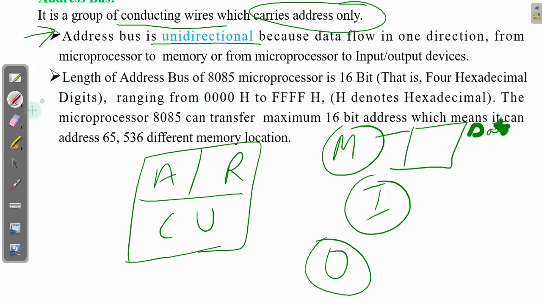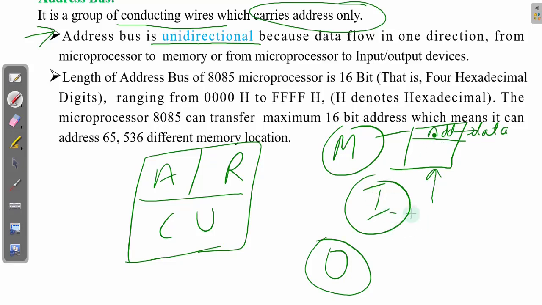You are actually storing data. So storage means there will be some data, and that data will be stored at some address, yes or no? So what is memory actually? Memory is a group of addresses, and at every address you will find some data.